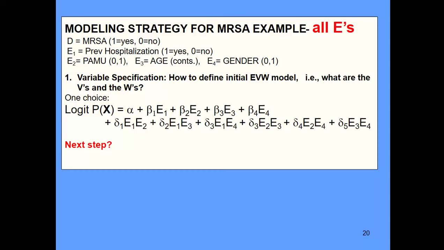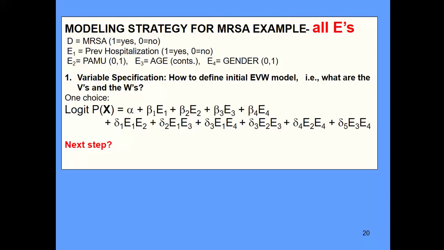So it's not necessarily a predictive model. You can still be talking about the association and the joint association of 2 or more E's. You can always talk about a predictive model, but I'm trying to treat this whole modeling strategy as if you're still in the position of etiology, okay?